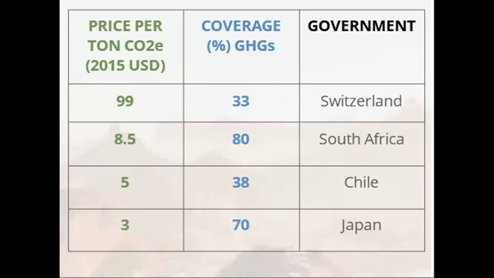As we can see, in practice, a wide range of tax rates and emission coverage exists. Notably, countries with high national income do not automatically adopt high carbon tax rates or have broad greenhouse gases coverage, as in the cases of Japan and Switzerland, respectively.